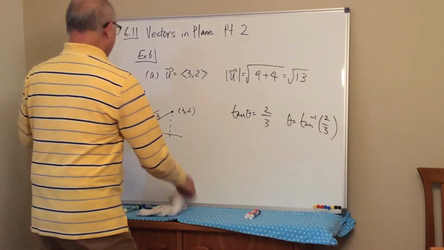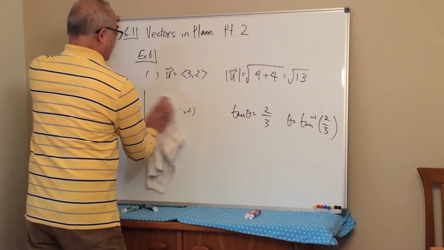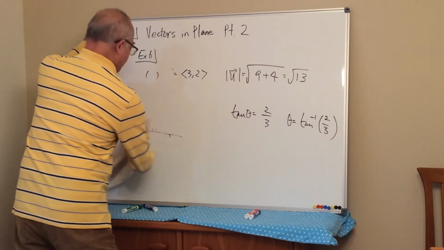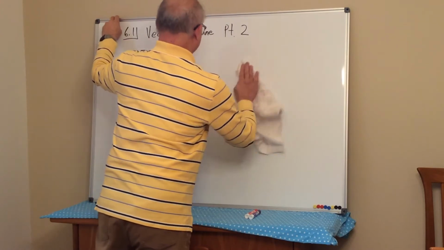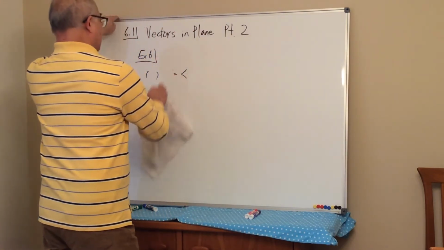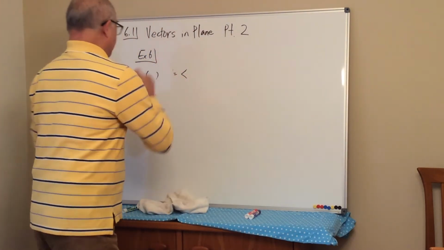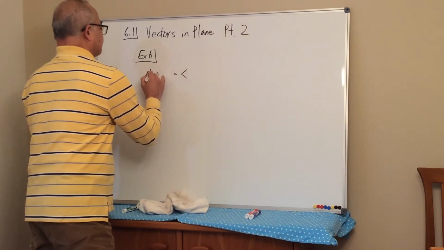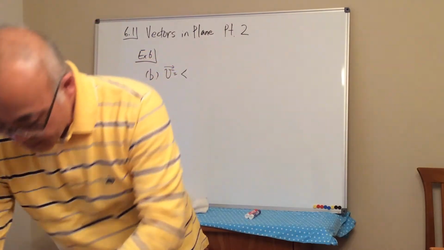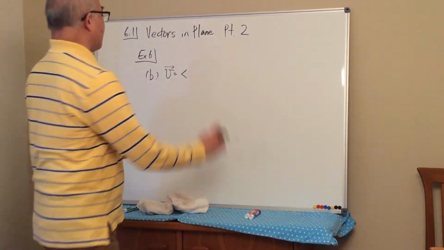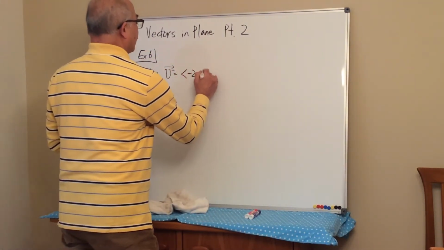In B, we're going to do a V vector. We have a V vector that is negative 2 and negative 5.